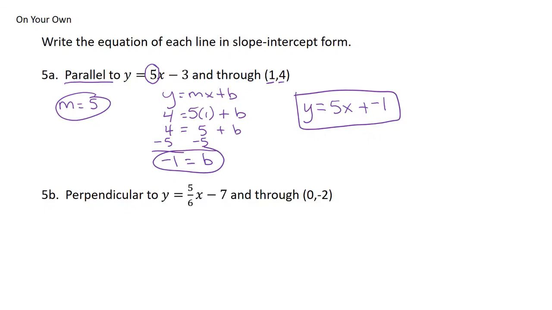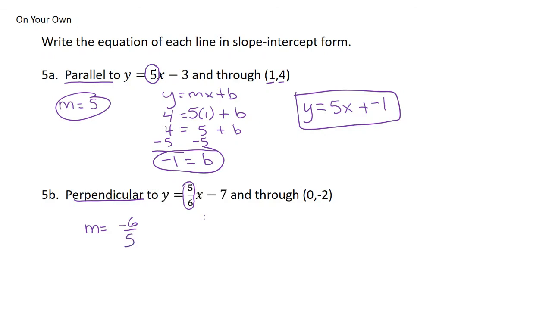Okay, you're to do one more. This one says perpendicular. When we do a perpendicular line, our slope has to be the opposite reciprocal. Our opposite is going to make it negative, so m equals -6/5.